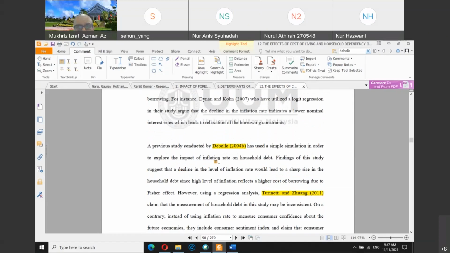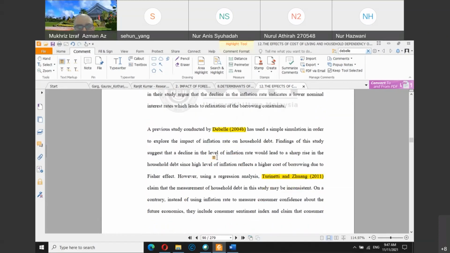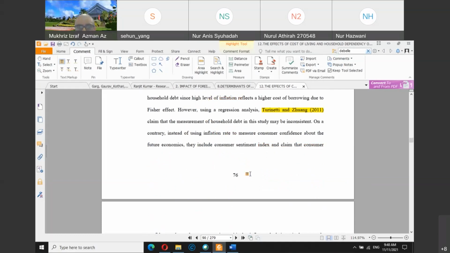When you are writing a literature review, if you are summarizing one article, the length of the summary of this article by DBEL should be not more than half of the paragraph. This is an ideal way of writing. DBEL you summarize in 4 or 5 lines at the most. Turineti and Chuang is another 4 to 5 lines.